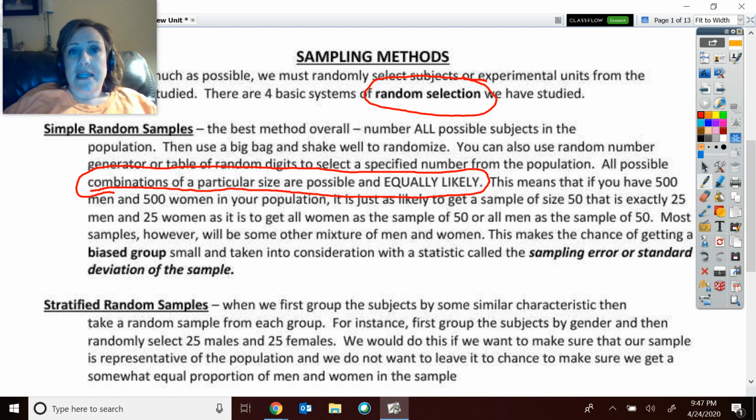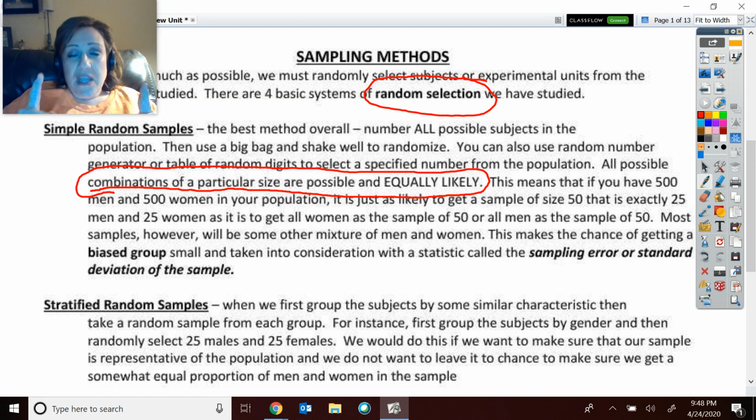So in a lot of ways, that's good. If we have 1,000 adults, and 500 are men and 500 are women, then there are a lot of samples of size 50 that are a randomized mixture of men and women.